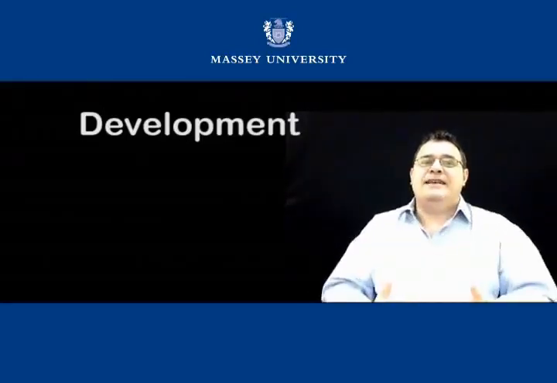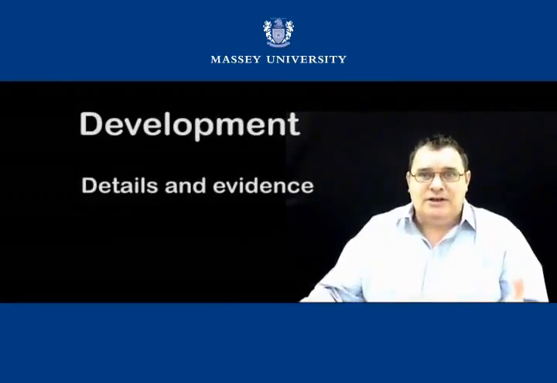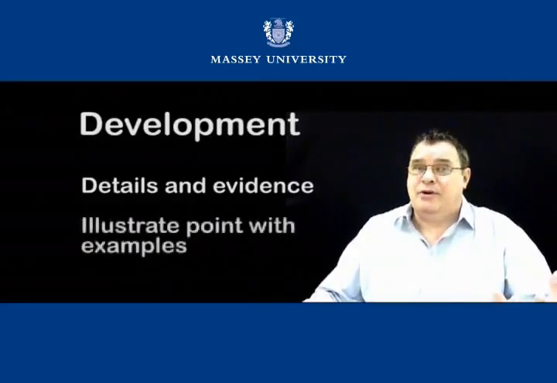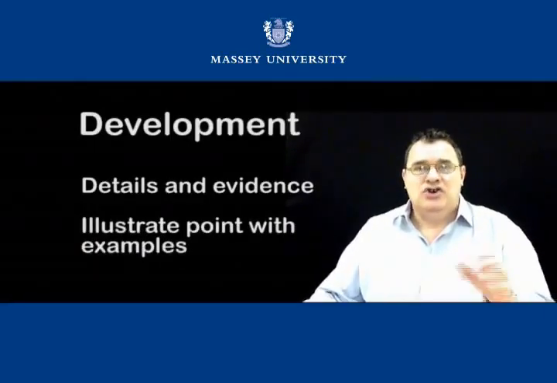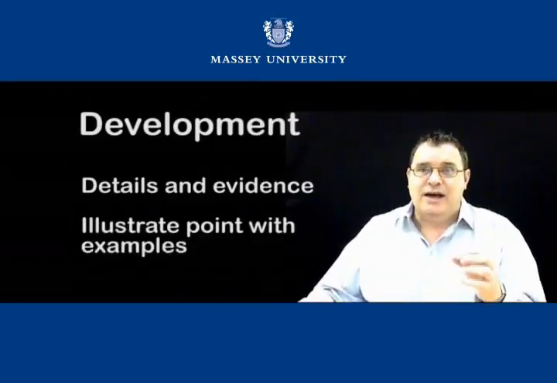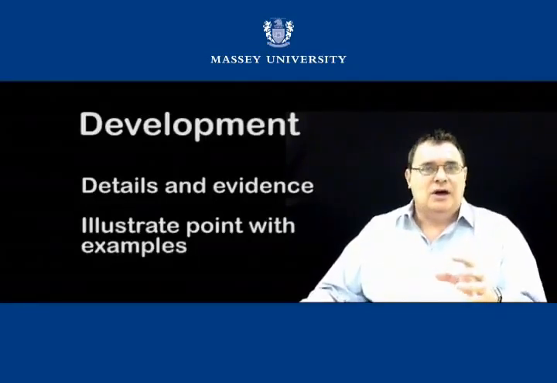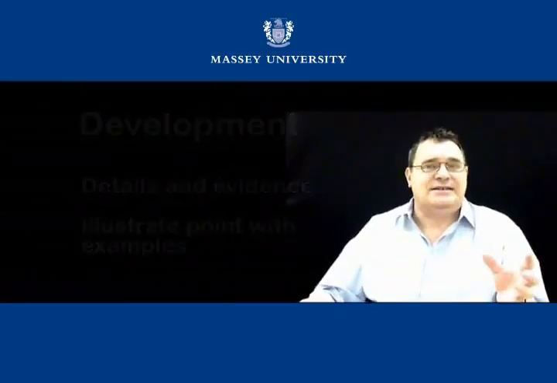The development takes the form of using details and evidence to support the assertion made in the topic sentence. Also, illustrating a point with examples can develop the main idea of the paragraph. You should use enough evidence and examples to convince your reader that the topic sentence's assertion is valid. Your evidence should illustrate the point, not simply restate it.